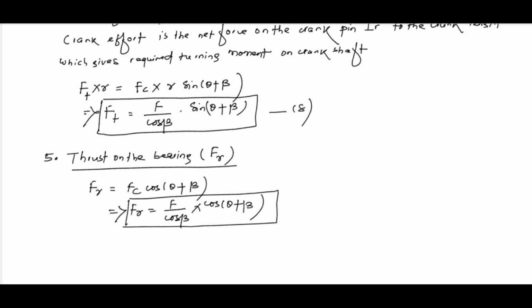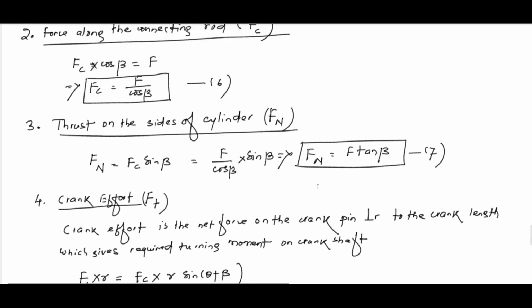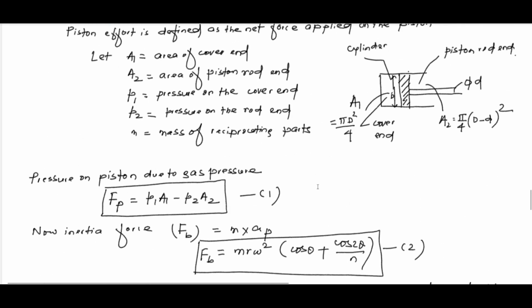This is equation 9. Now how are we getting this theta plus beta? Let us go to the geometry. Here it will be clear.